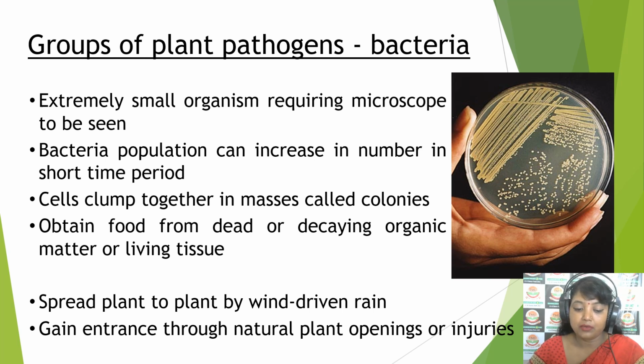Bacteria were probably first seen by Antony von Leeuwenhoek of Holland. The bacterial cells are very small, measuring from less than 1 to 10 microns in length and from 0.2 to 1 microns in width.